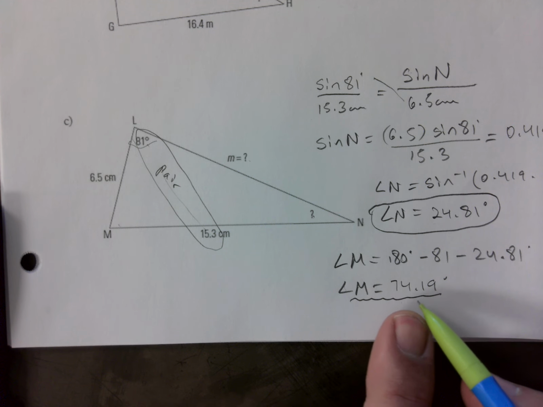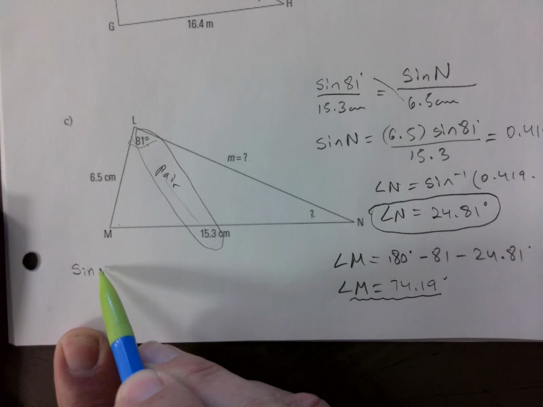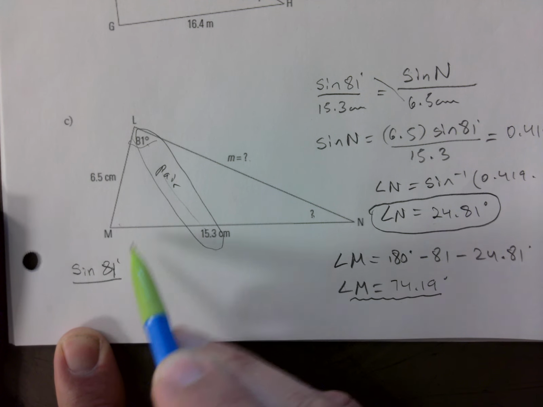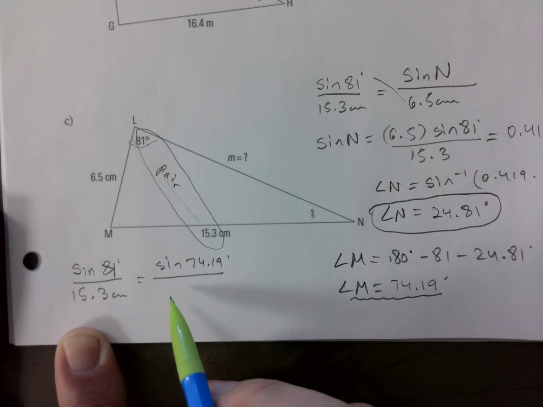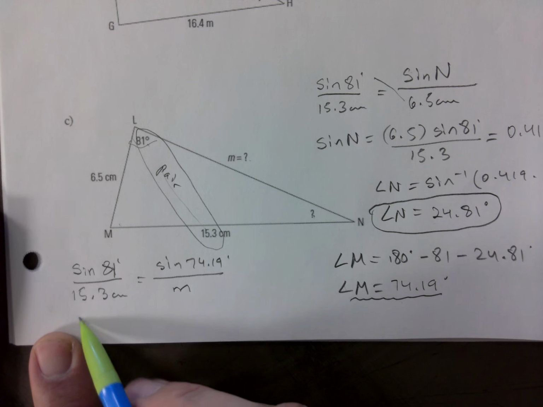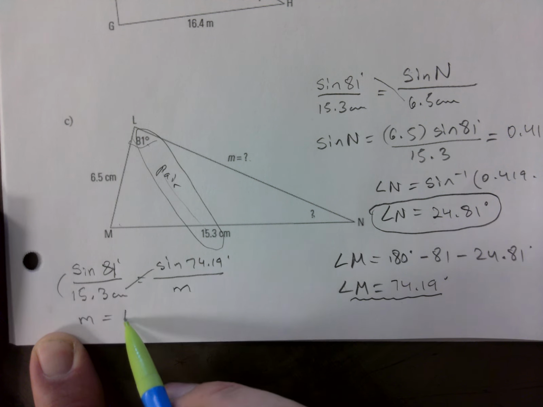So I will take that with me and set up another proportion. I'm going to use the original pair over M, side M, okay, lowercase. In this case, you multiply this way, you divide that way.